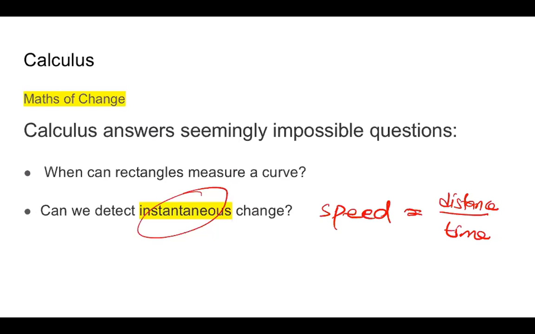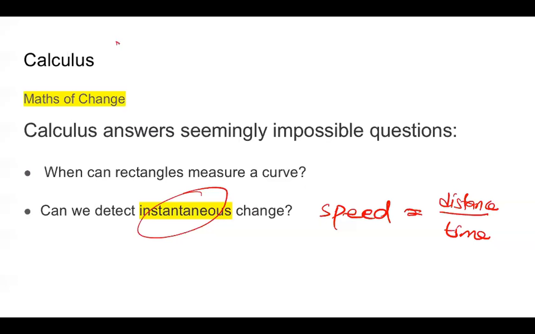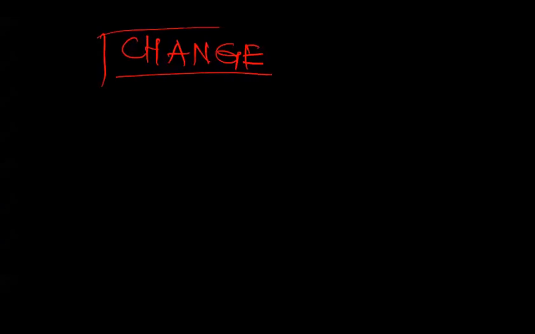Okay, so as we have learned in the previous slide, calculus is all about the mathematics of change. So how can we quantify the change? Our target now is to quantify the change. Do you remember, have you ever studied the mathematics of change?